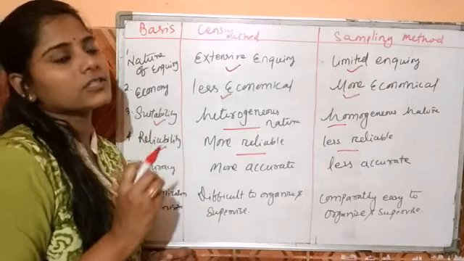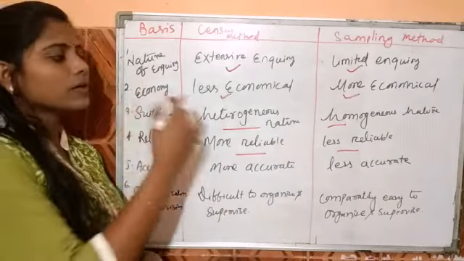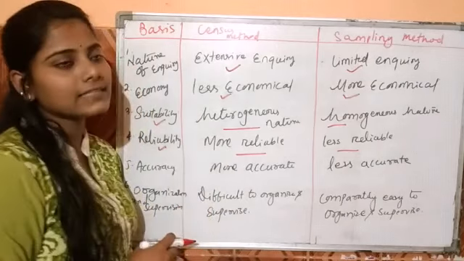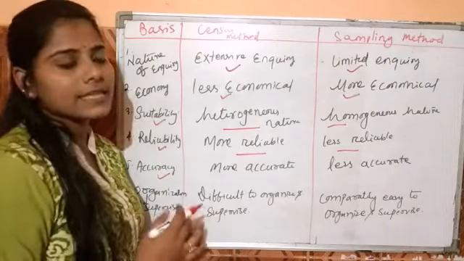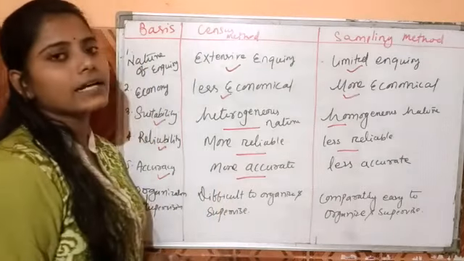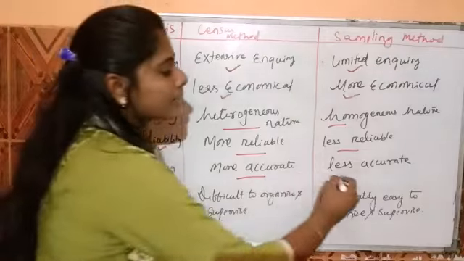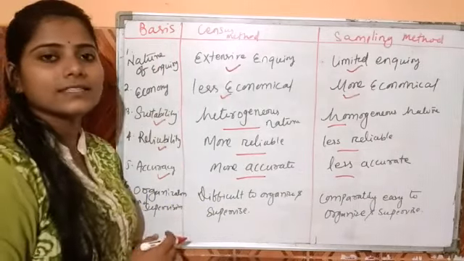Next is accuracy. Same answer: the census method is more accurate and the sampling method is less accurate.